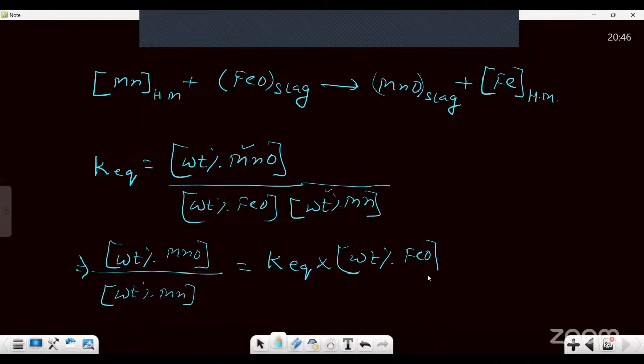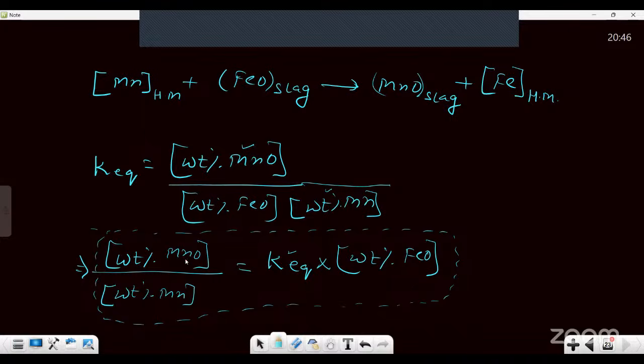This is very important, so please note it. What it means is that at a particular temperature, when my K equilibrium is constant for this reaction, when the weight percentage of FeO is increasing in the slag, then my ratio of weight percentage of MnO to weight percentage of Mn is increasing.